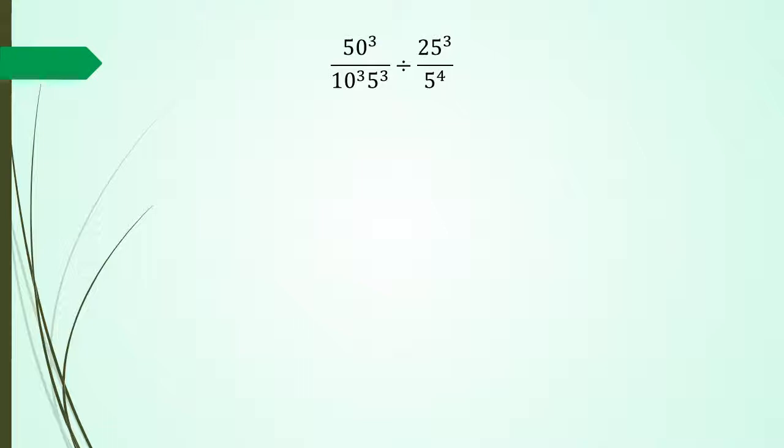When you have 50 to the power of 3, and in the denominator you've got 10 and 5, I would write 50 as 5 times 10, to the power of 3, divided by 10 to the power of 3 times 5 to the power of 3. Now, because of the division symbol, I'm going to change it to a multiplication symbol and write the reciprocal of this particular fraction. So I'm going to get 5 to the power of 4 divided by 25 cubed.